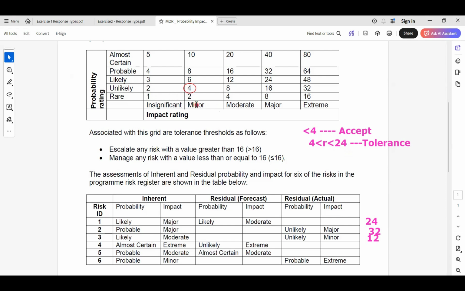If you look at this column, minor is twice of insignificant. Similarly, moderate is twice of minor. So we should follow a proportion. For example, moderate and unlikely is 8, so major and unlikely should be 16.